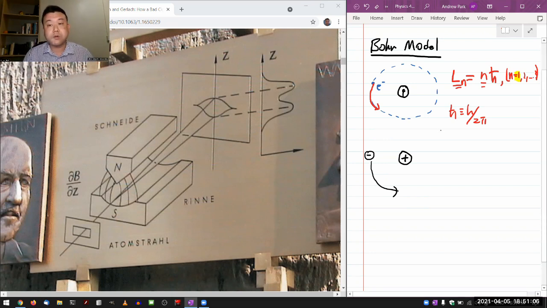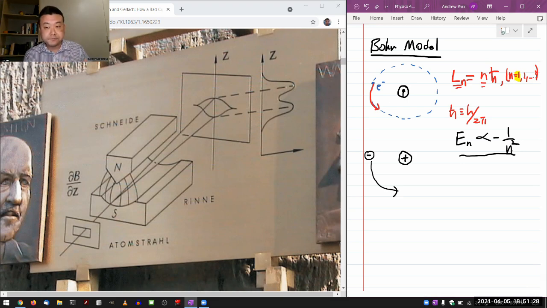Originally, all that the model was trying to explain was the Rydberg formula. That somehow the Rydberg formula made sense if you made atomic energy levels go as minus 1 over n squared. And Bohr's model, quote unquote, derives that. And so that would be the starting place for the model.